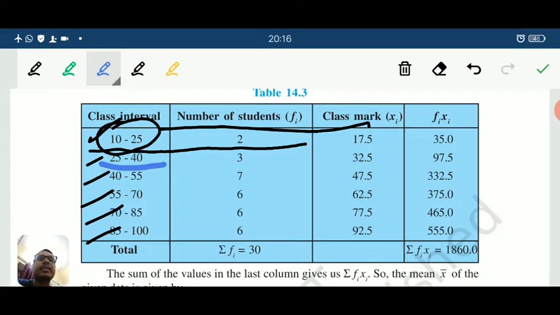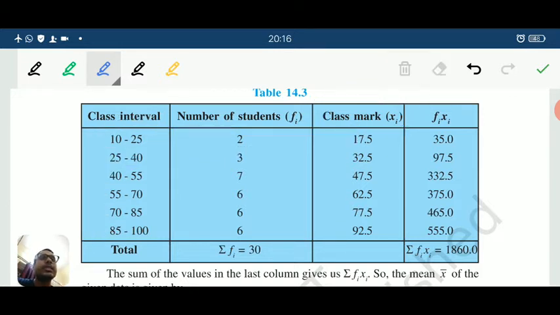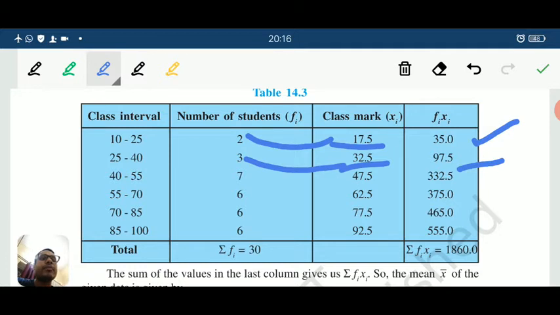And then, as I said earlier, this class mark will be treated as the observation only. Earlier we were considering the observations in place of class marks, when it was not grouped. So it is taken as the observation now. So 17.5 multiplied by 2 will give you 35. Similarly 32.5 multiplied by 3 will give you 97.5. 47.5 multiplied by 7 will give you 332.5.